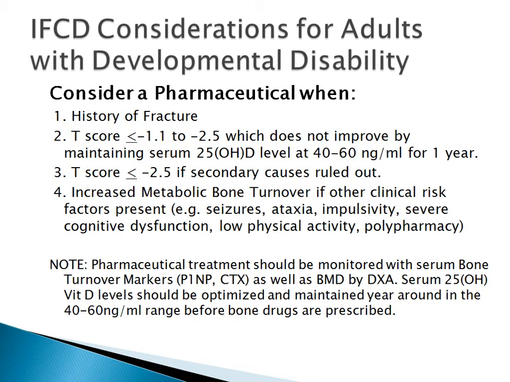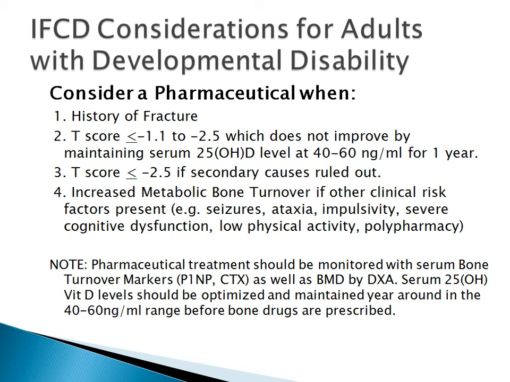If there's a history of a fracture, consider a pharmaceutical. If the T-score is in the osteopenic range, then a trial of maintaining an optimal level of vitamin D, 40 to 60 nanograms per milliliter for a year, and then seeing if that helps. That would be a reasonable approach.